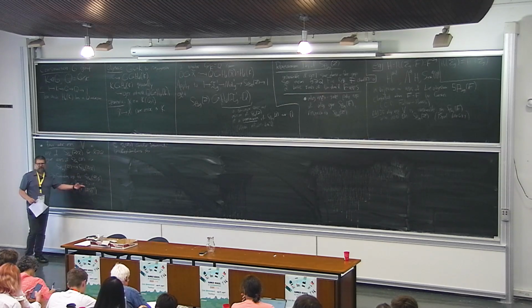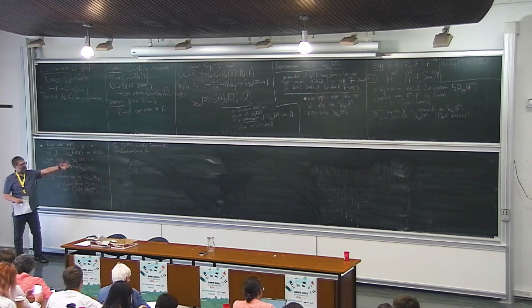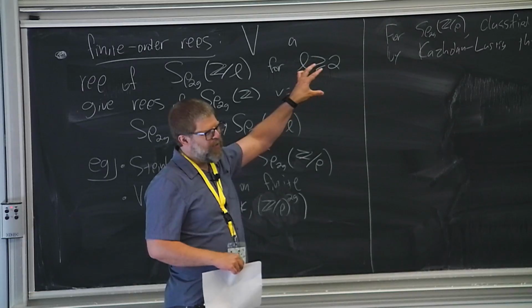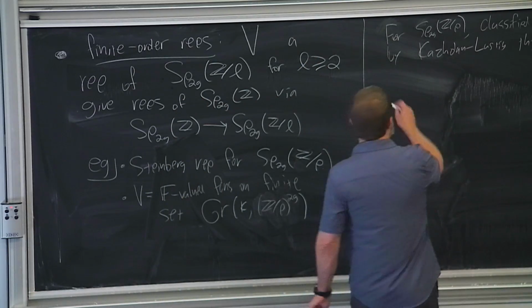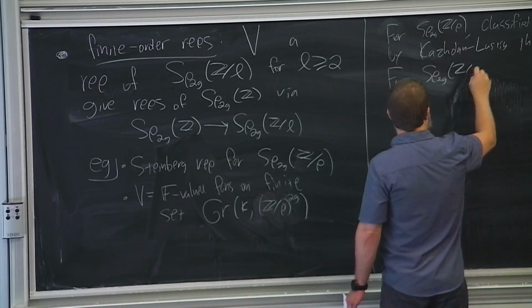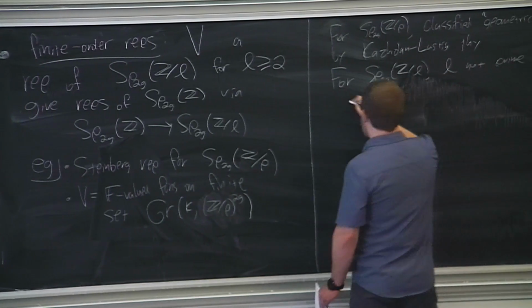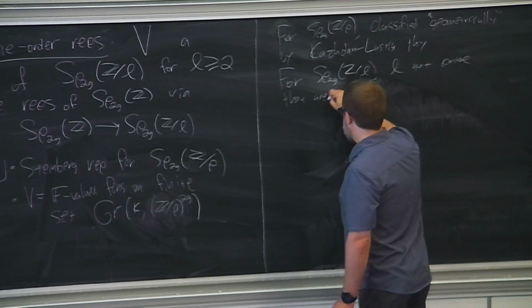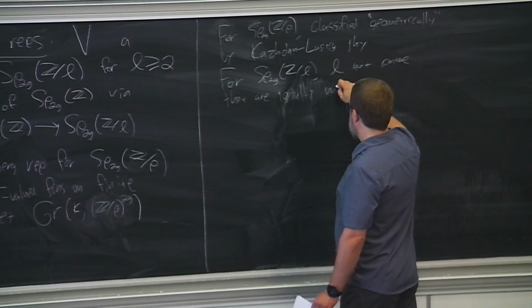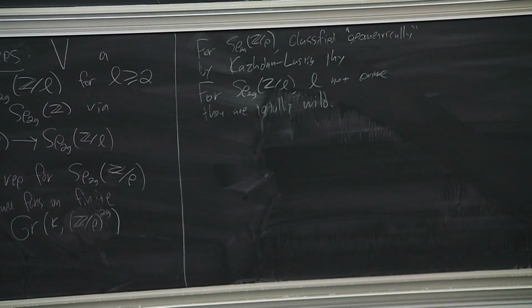They arise as functions on some variety defined over a finite field. It's quite an elaborate theory. And for Sp_2g(Z mod L), L not prime, these are totally wild. We know very little about them once you leave the land of fields. So these are the scary ones.